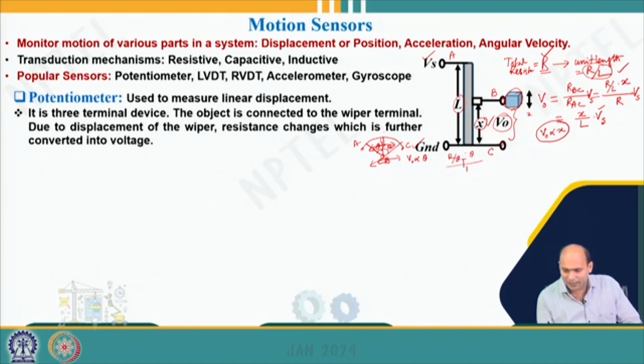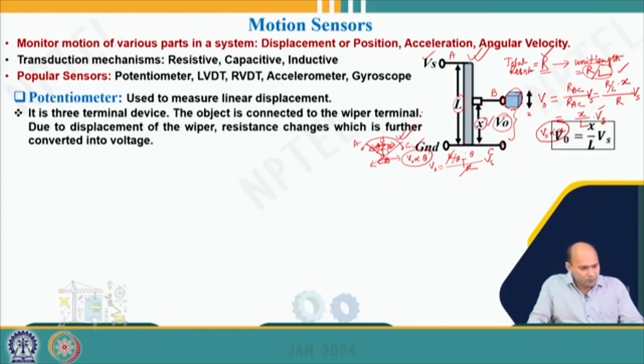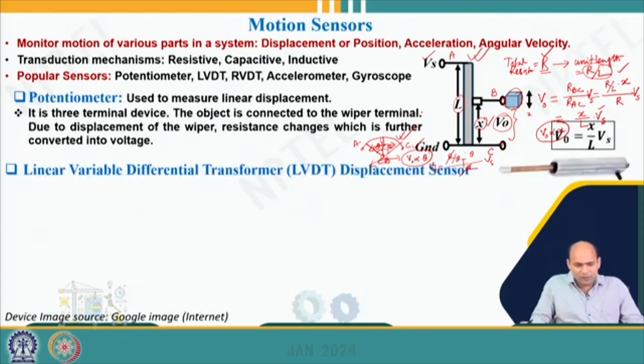And total resistance is R, so in that case for my V output the R will get cancelled out, and I will be getting V0 proportional to theta, is not it? So in this way I can use my potentiometer. This potentiometer can be used for linear displacement measurement, and this kind of potentiometer can be used for angular displacement measurement, right?